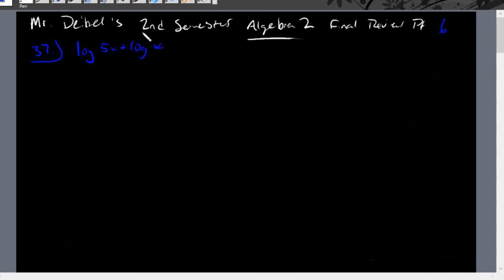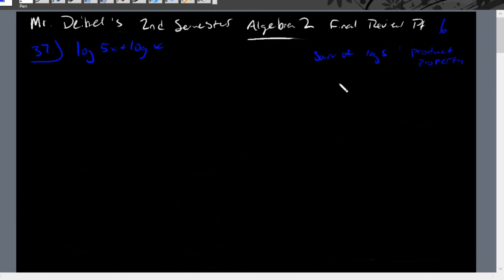Now, when you have a sum of logs, you can use what is called the product property, or the product rule.